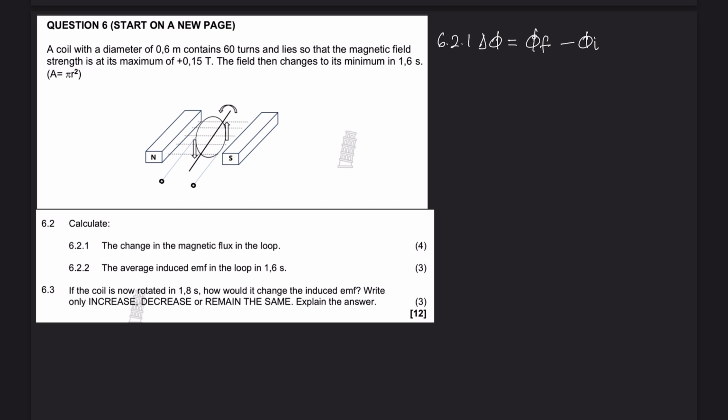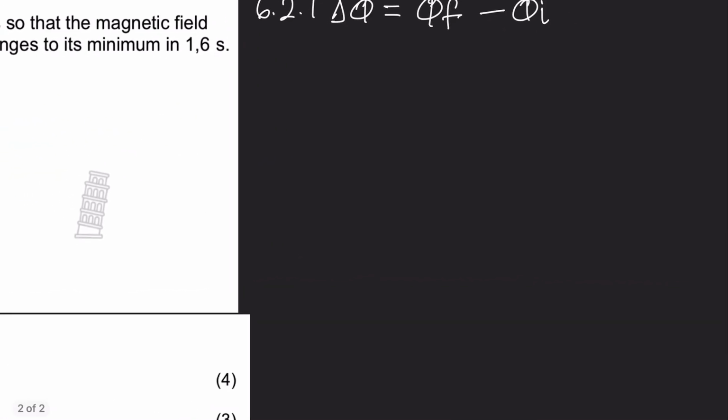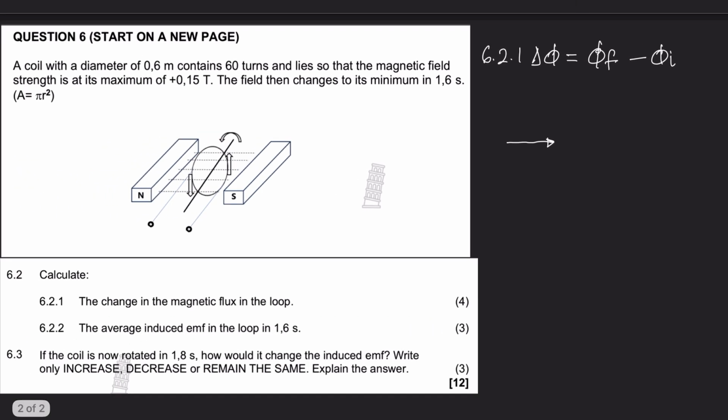If it's difficult for you to imagine it, let's use a diagram. We start off, let's say the magnetic field is going this way, and they tell us that it's at its maximum, meaning that the coil actually looks like this, and this magnetic field is going through the coil.